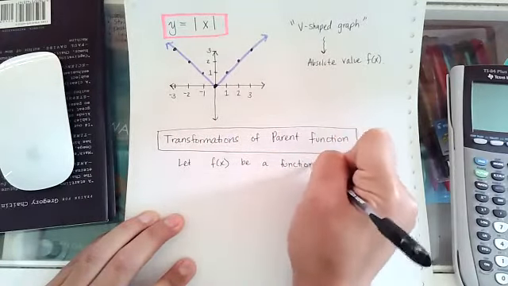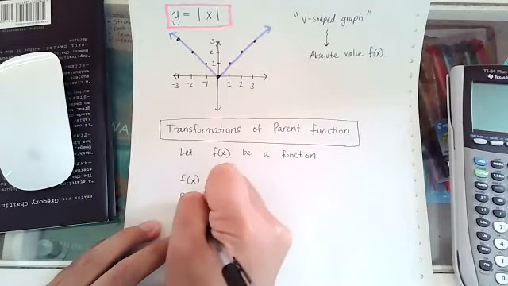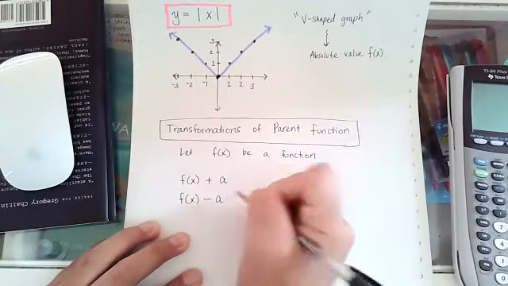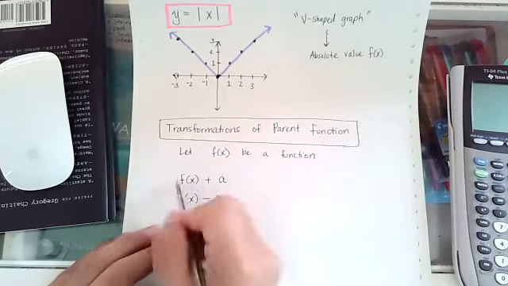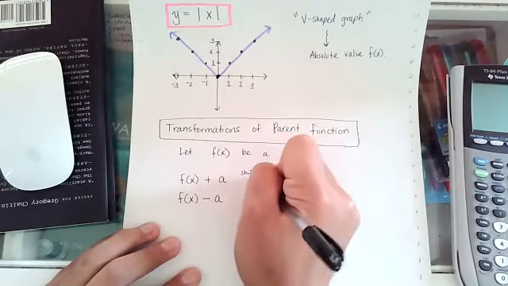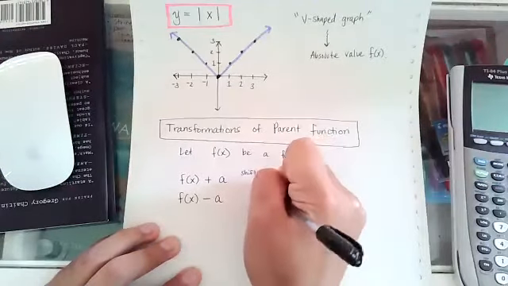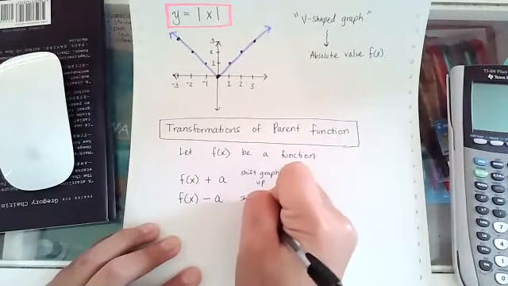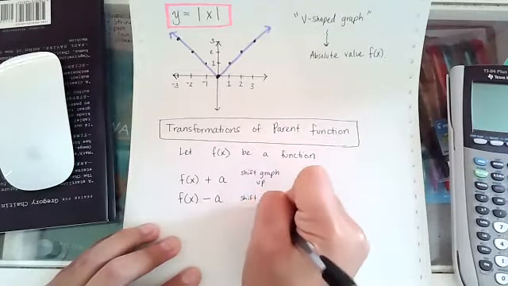If we have f of x and we add a number or subtract a number, what this will do is shift the graph up or shift the graph down.